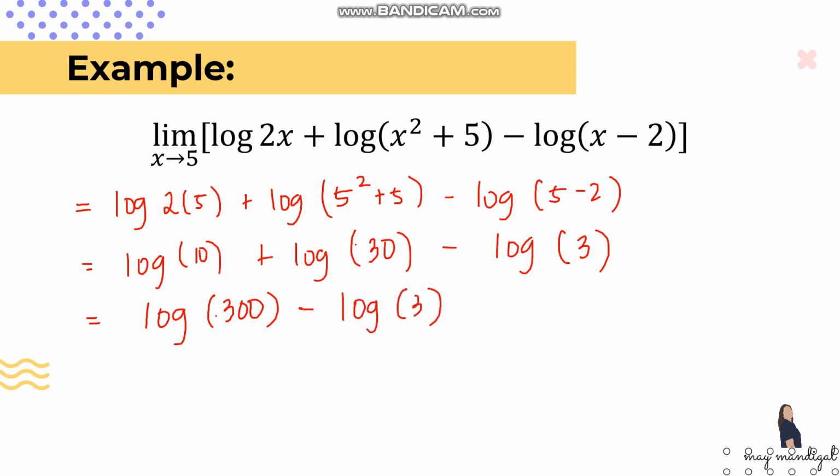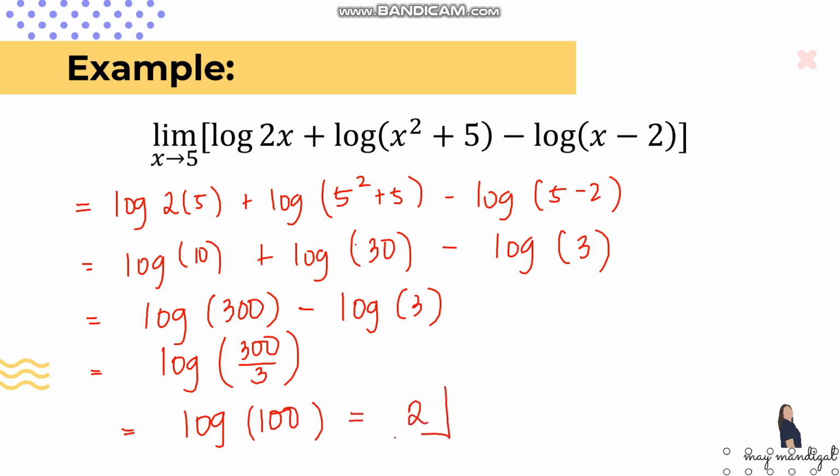So for this, since the two are connected with subtraction, we can apply the second law of logarithms, which is the subtraction law. So we can combine the two logarithms by dividing their arguments. So that will be 300 divided by 3, which is now logarithm of 100. And then from here, we can now get the value of that, which is equal to 2. Remember, the base here is 10. So 10 raised to 2 will give us 100.